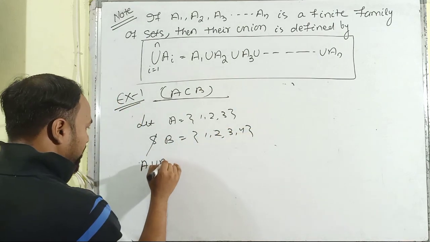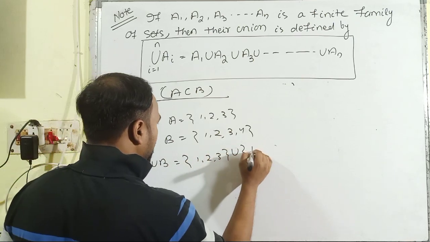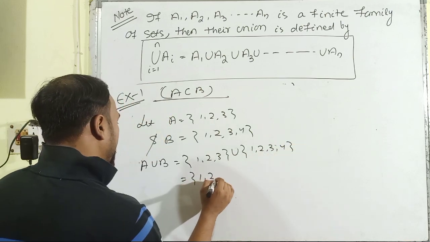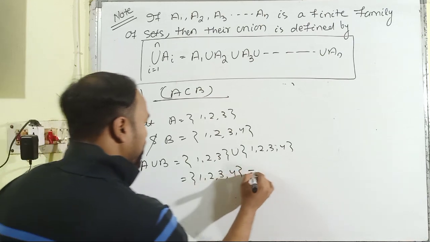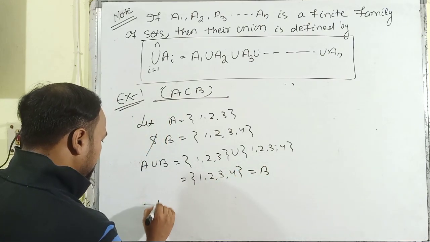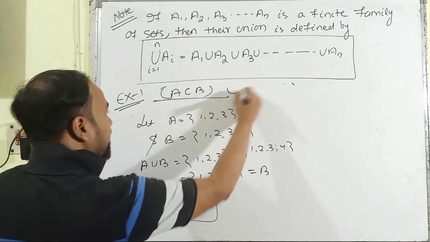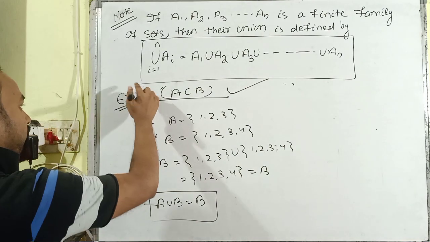Here A union B is equal to set A, which is {1, 2, 3}, union set B {1, 2, 3, 4}. Then this union will be {1, 2, 3, 4}, which is equal to the B set. And we have already studied a little while ago that A union B is equal to B when set A is a subset of set B. This is example number 2.